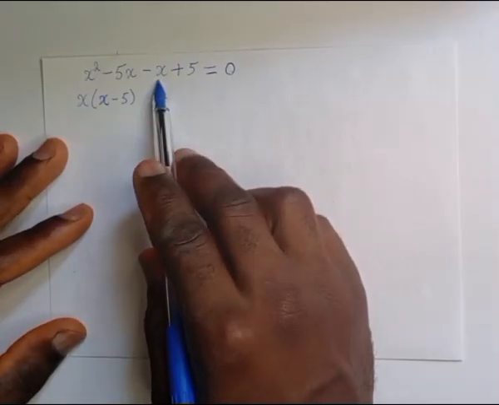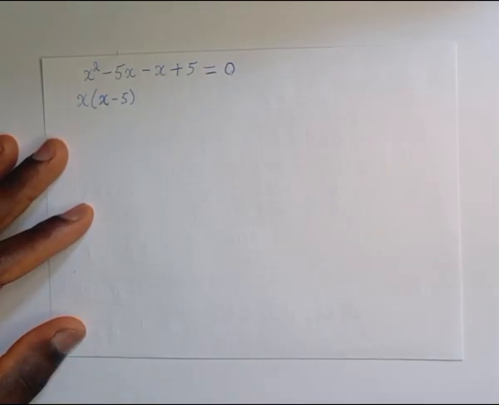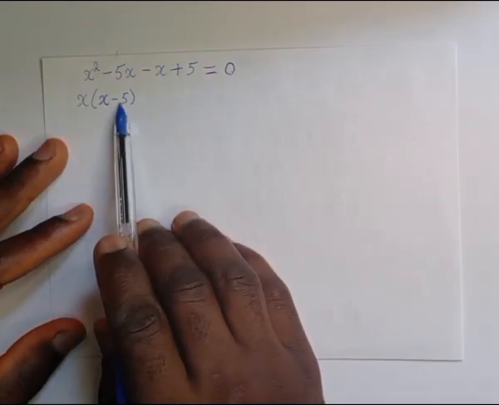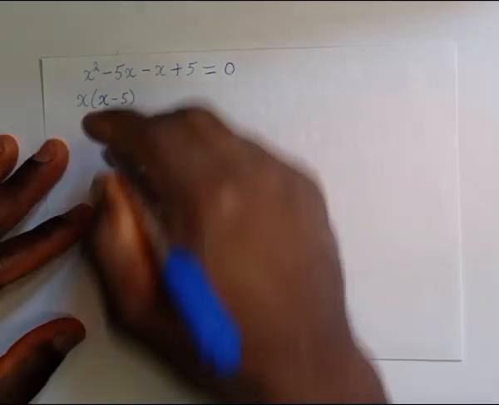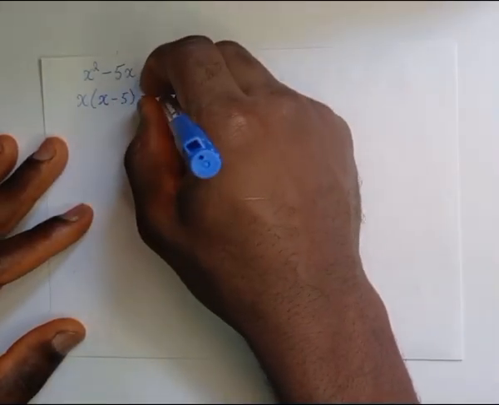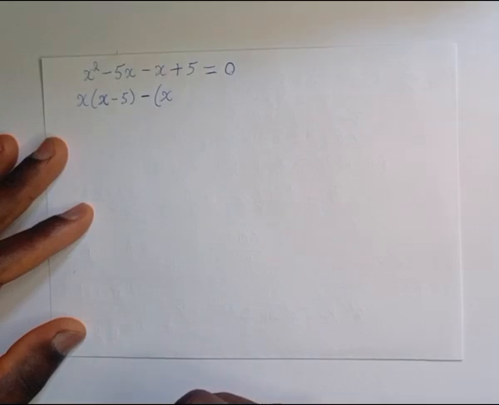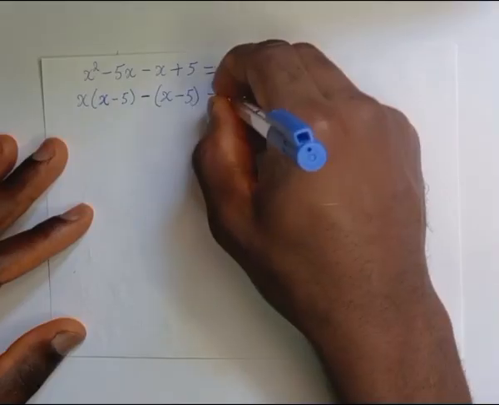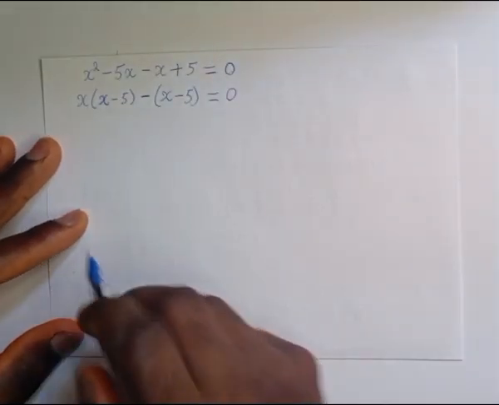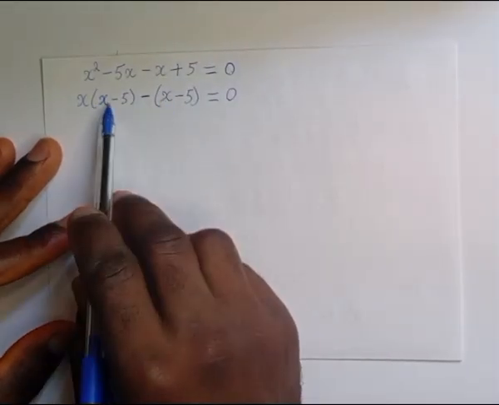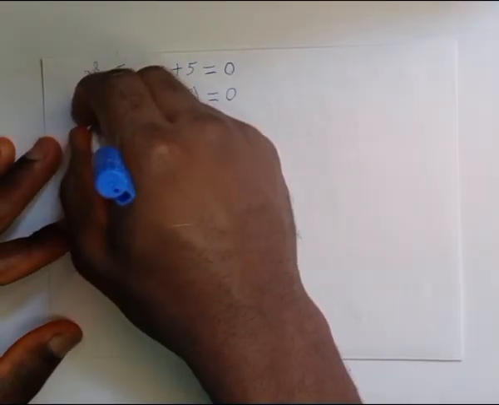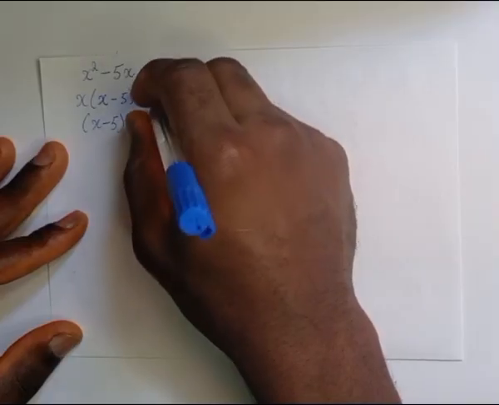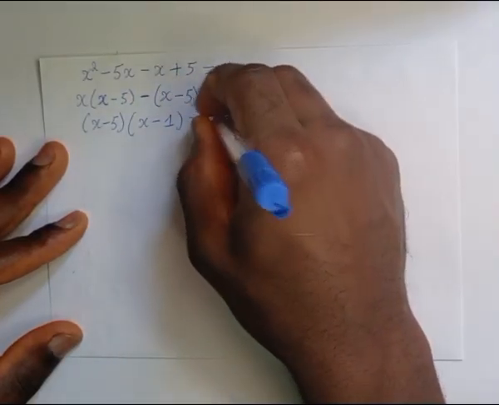The second pair, -x and +5, we factor out -1 so that we have x minus 5 in brackets. -1 times x gives us -x, -1 times -5 gives us +5. Now we have two terms. The two terms have x minus 5 in common. We factor out x minus 5 times x minus 1 is equal to 0.